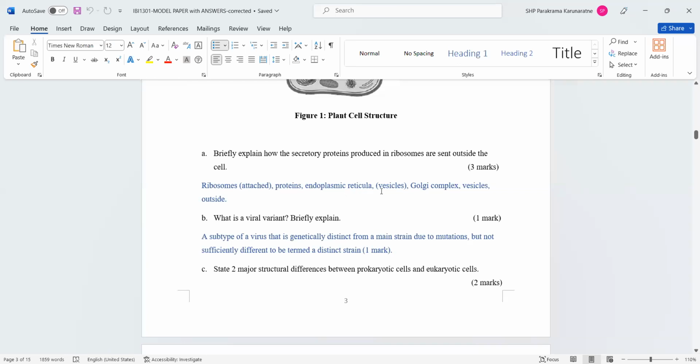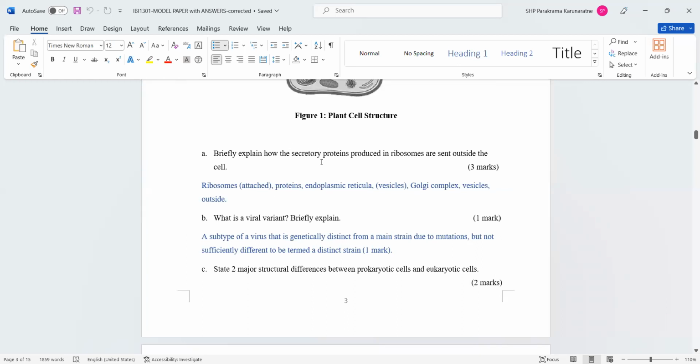I have explained these things very well. These vesicles ultimately join the Golgi complex. The Golgi complex adds certain things to these proteins, and as vesicles they attach to the plasma membrane, and through the plasma membrane they go to the outside.